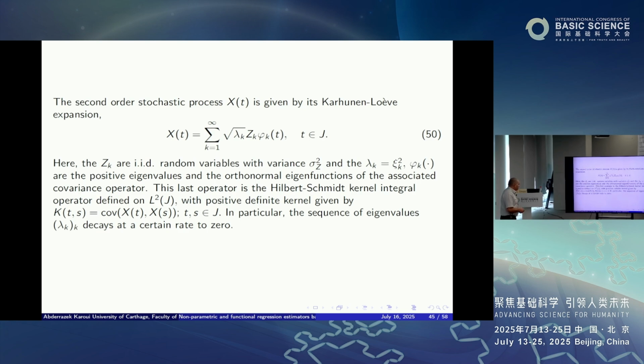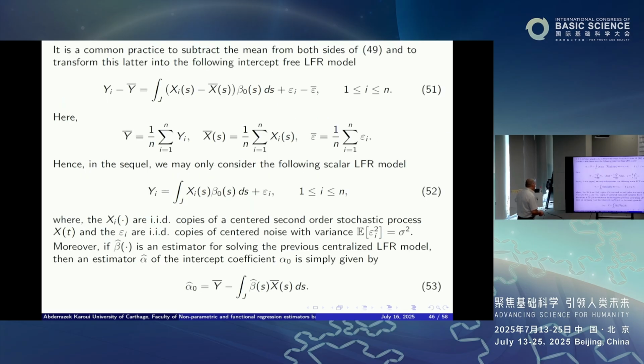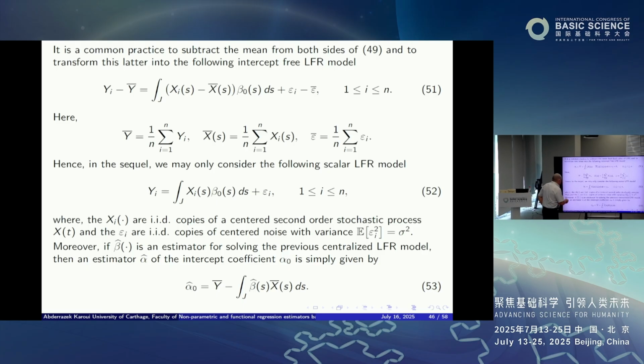So again, we go back to harmonic analysis. And the usual way is, you centralize the response and the random process, and you solve a simpler linear functional regression problem. And that's numerically more stable.